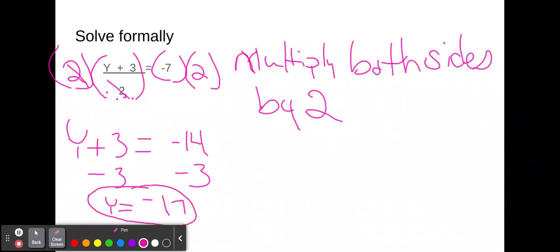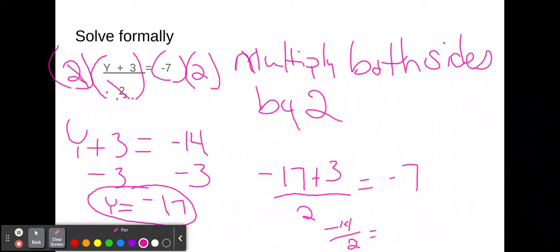So that's our solution, and our check would be -17 plus 3 all over 2 equals a -7. So again, order of operations, in this case, we would do the addition part first. That gives us a -14 divided by 2, which will give us our -7. So it checks out, and it works out.